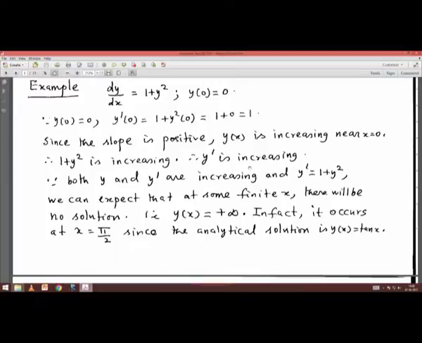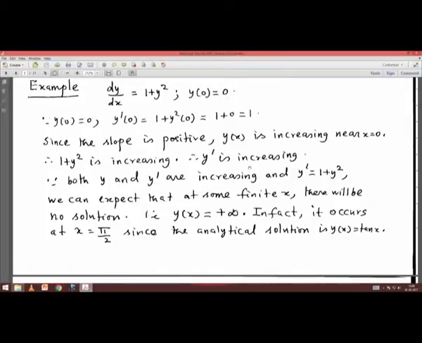So, y prime of 0 is 1, so the slope is positive. What does it mean? y of x is increasing near x is equal to 0, and 1 plus y square is increasing, that is, y prime equal to 1 plus y square is increasing. So, y prime is increasing.